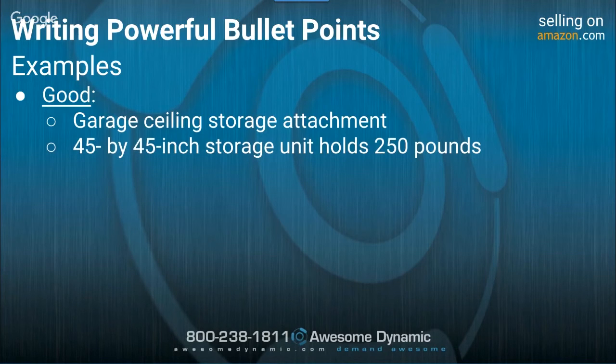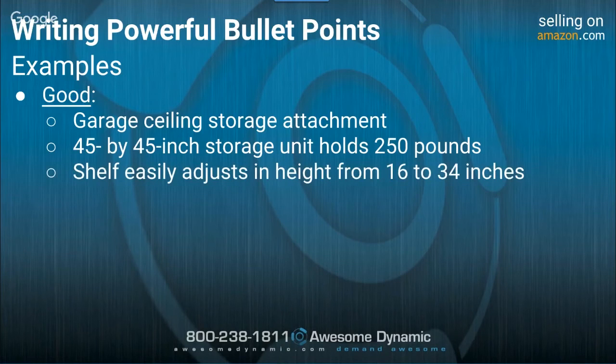The next bullet point gives you specific product details, because if I'm looking for something that installs in my home, I would probably want to know specifically how big this is and what the capacity is. So it's getting this information right up front. Then it talks about the adjustability, again giving me detailed information, a specific fact that it's adjustable, and showing me the dimensions that I can adjust up to.